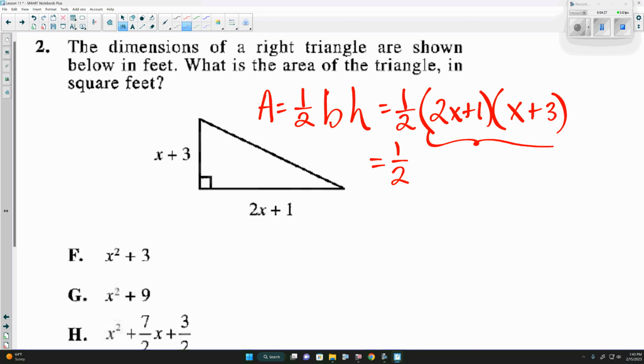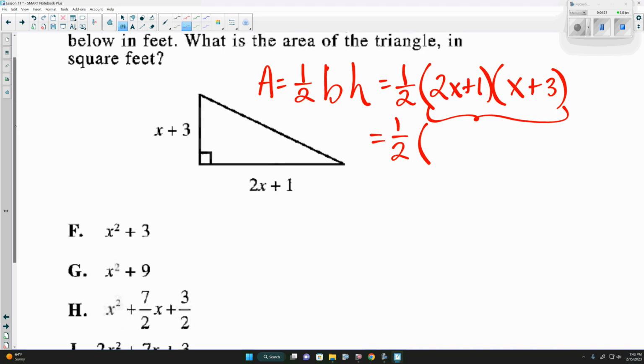Now we just need to multiply these two together. 2x times x is 2x squared. 2x times 3 is 6x. 1 times x is x, and 1 times 3 is plus 3.